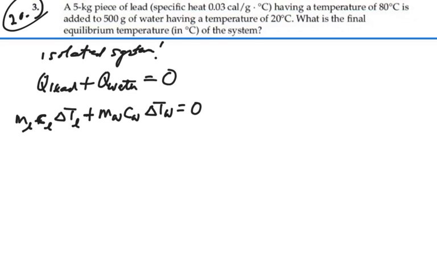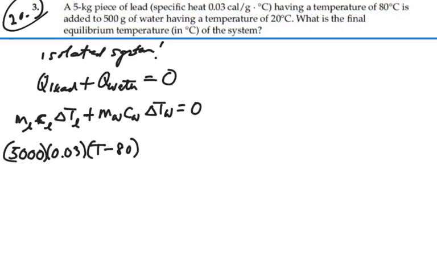We have 5 kilograms of lead, so that would be 5,000 grams of lead if we're using a specific heat in terms per gram, times the specific heat of lead, which was given as 0.03. Then we're going to have our final temperature of the system minus our initial temperature, in this case for the lead, which is 80.